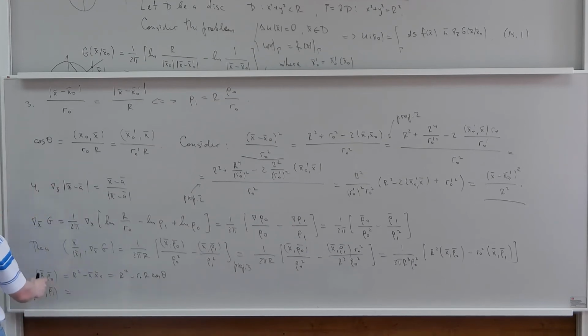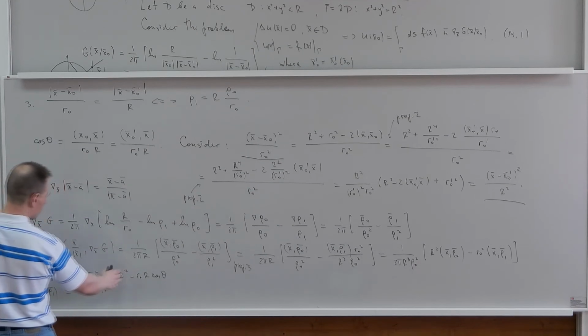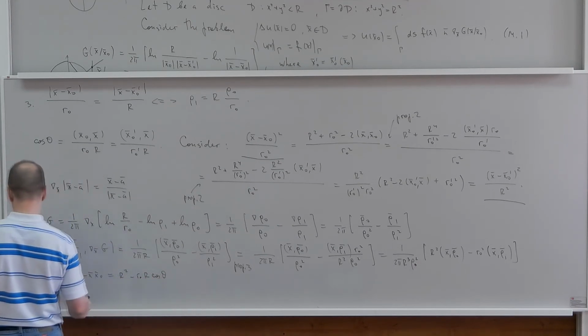Then, using the definition of rho 0 and rho 1, we have the law of cosines relation, which can be written in this form.